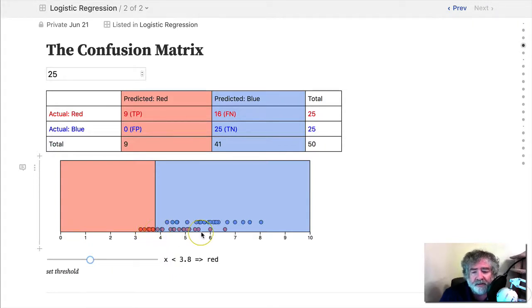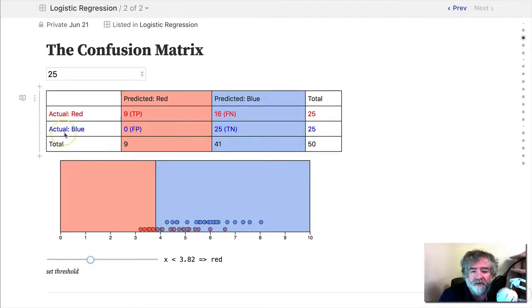And the other ones, that would be these guys right here. False negatives, because they're being predicted as not having the disease, but they have it. Okay, so this represents what's happening with the red points, and then same with the blue.